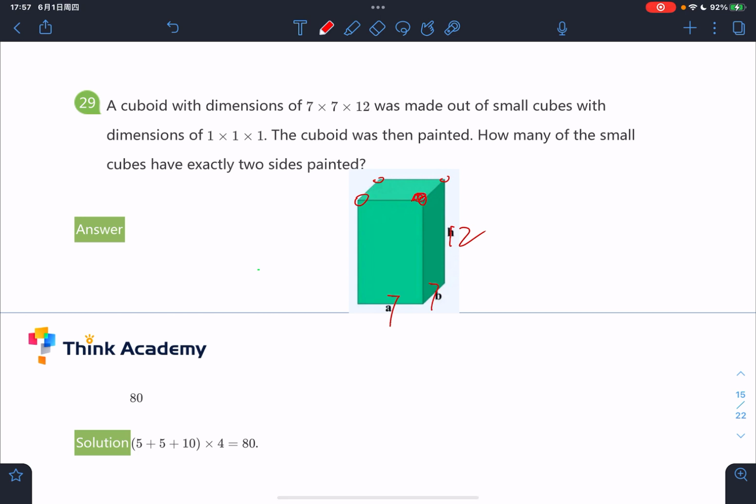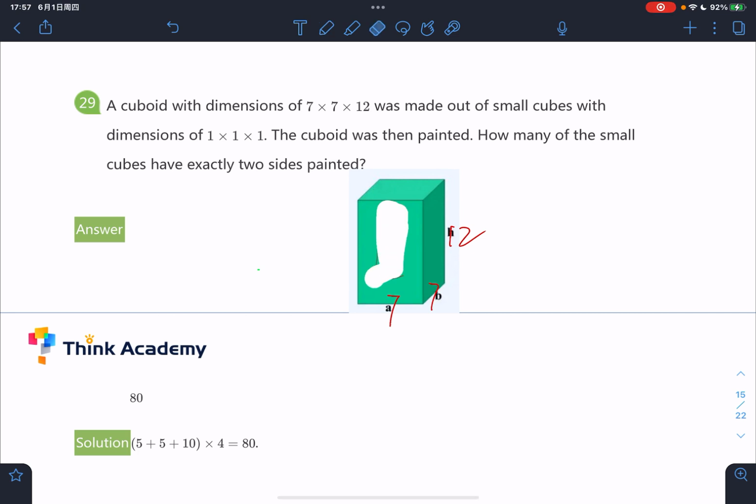This face, and this face. Because they're exposed on three sides, the cubes in the corners will have three face paintings, and the cubes in the middle of each face will only have one face painted because they are protected on all other sides by other cubes, right?